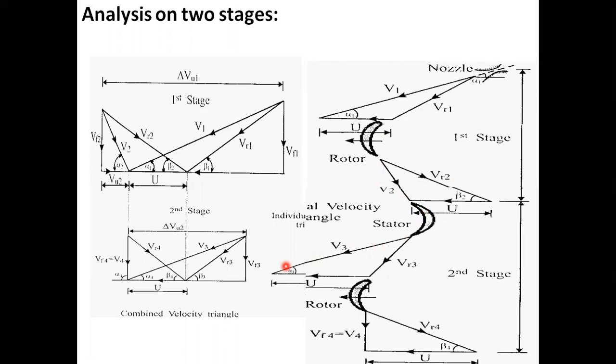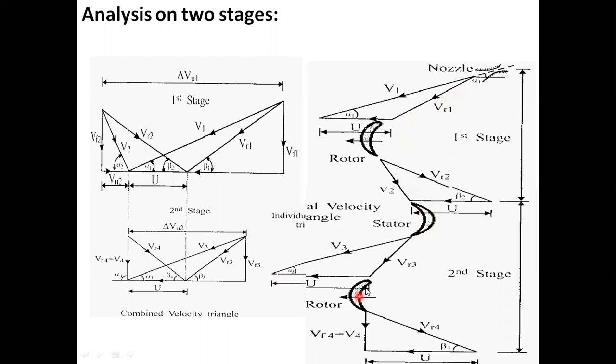At the inlet of the rotor, VR1 velocity, and at the outlet of the rotor, V2 velocity. At the inlet of the stator, V2 velocity, and outlet V3.